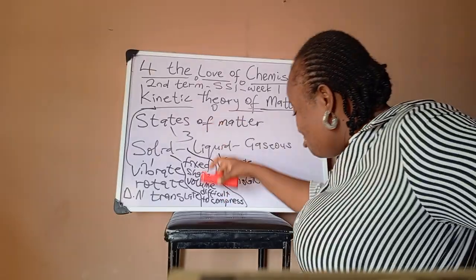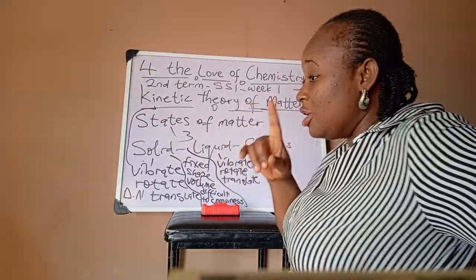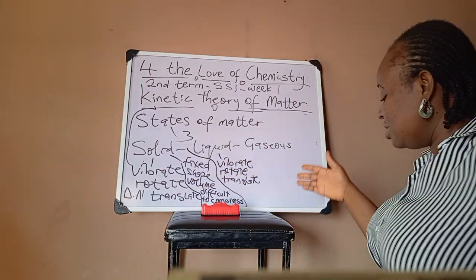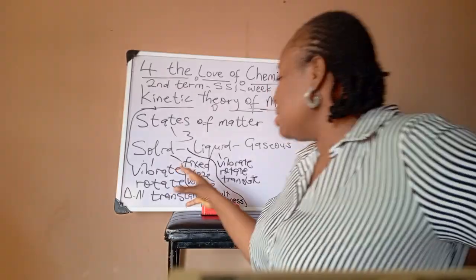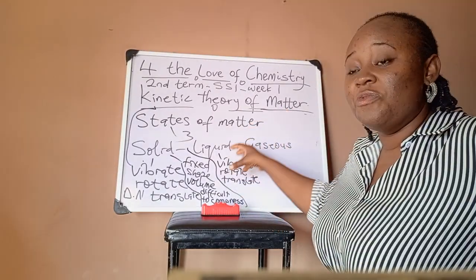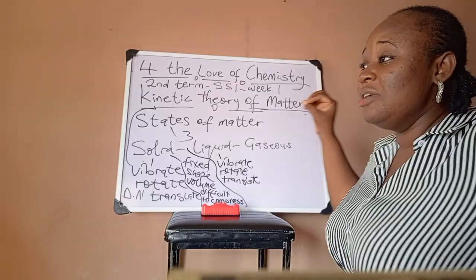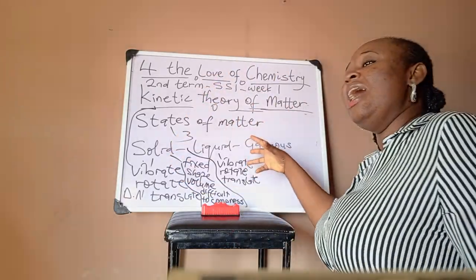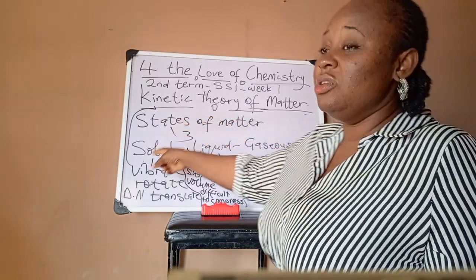Unlike the solid, that when you keep it here, it cannot move on its own from this point to another point. So you see that the particles of the liquid are further apart than that of the solid. And that is because the intramolecular force of attraction, the cohesive force, that's cohesion, what keeps them together, is far less than that of the solid.